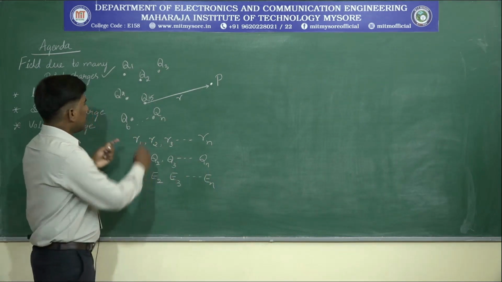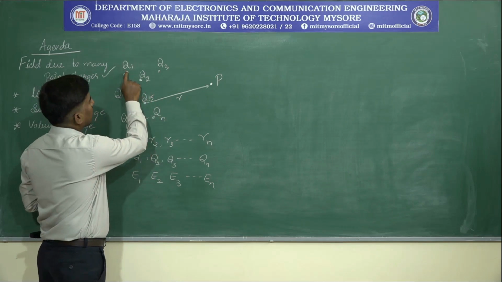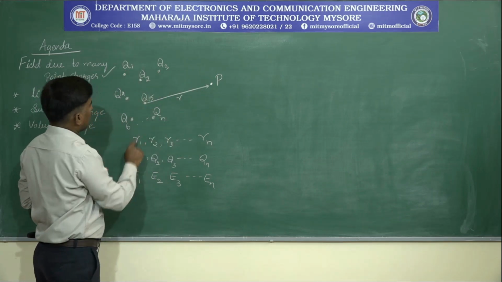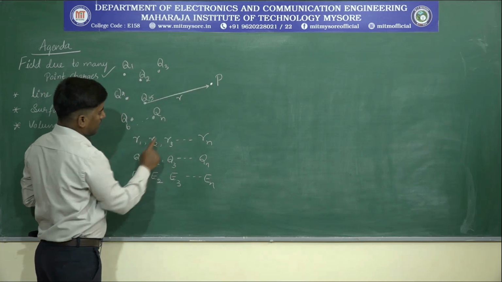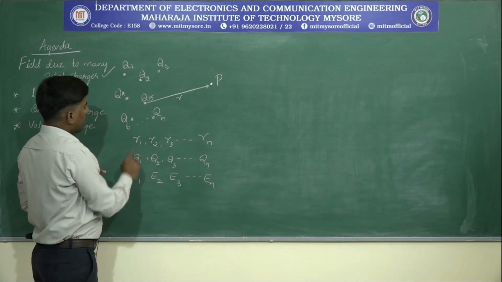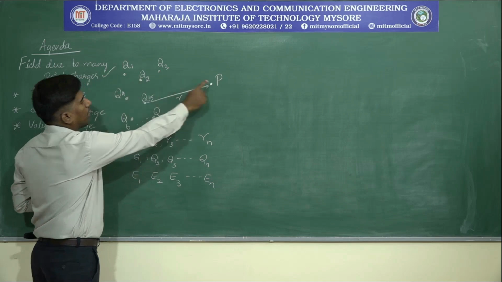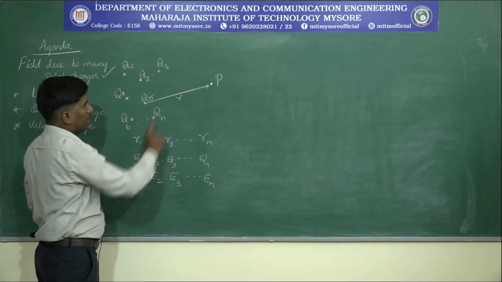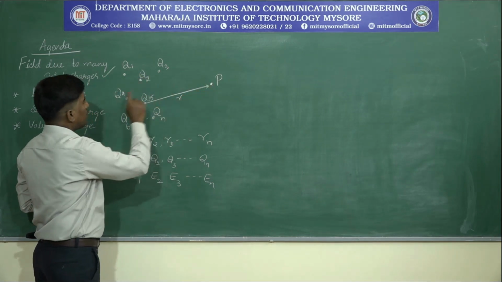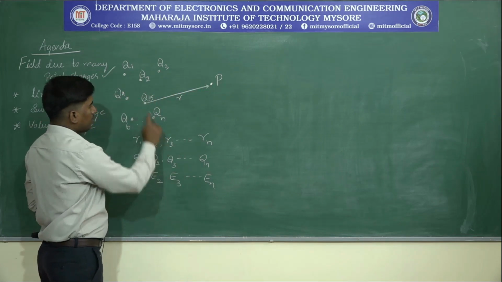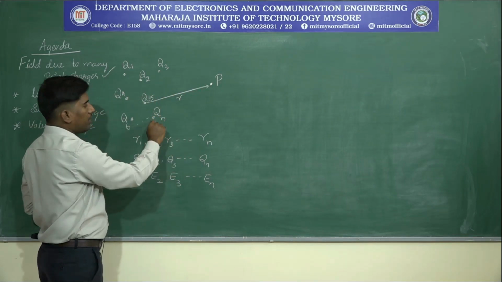The distance between Q1 and P is R1, and between Q2 and P is R2. Similarly, the electric field intensity at P due to Q1 is E1, and due to Q5 is E5.